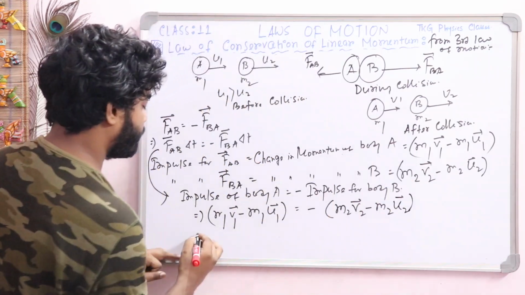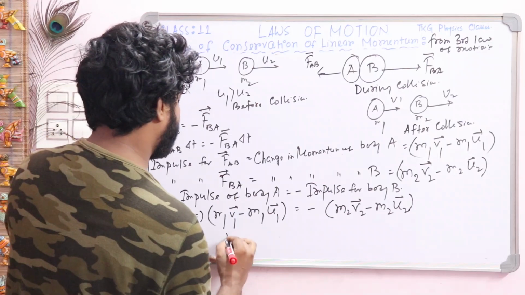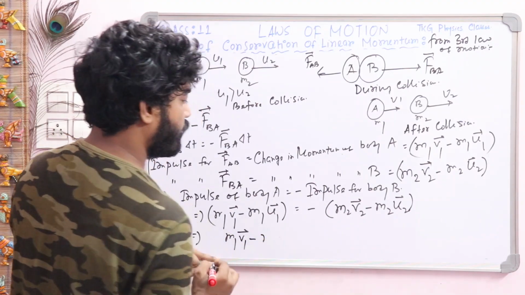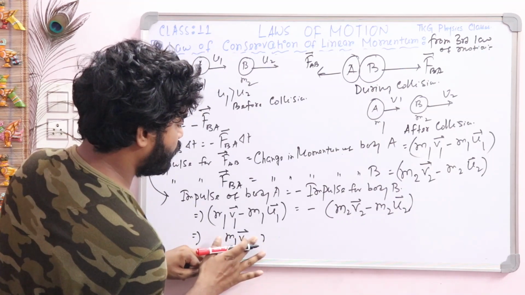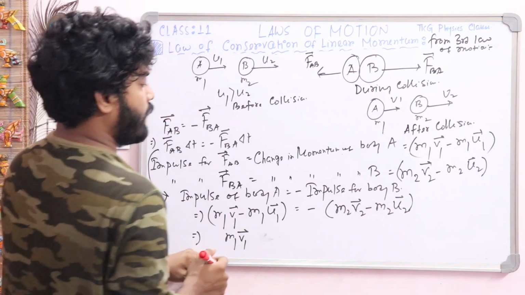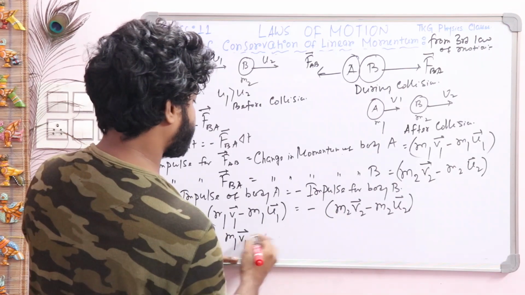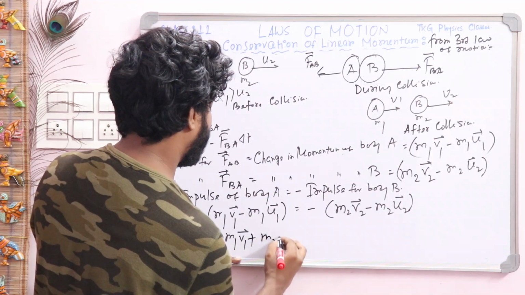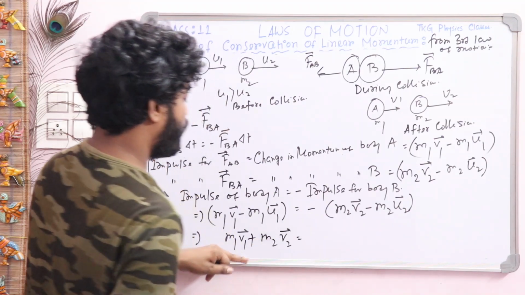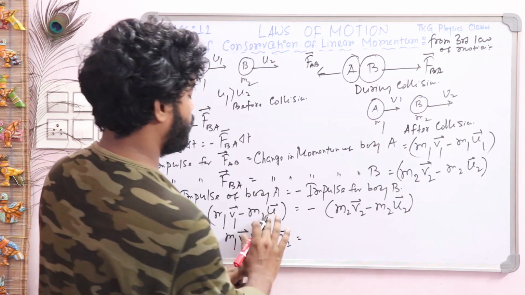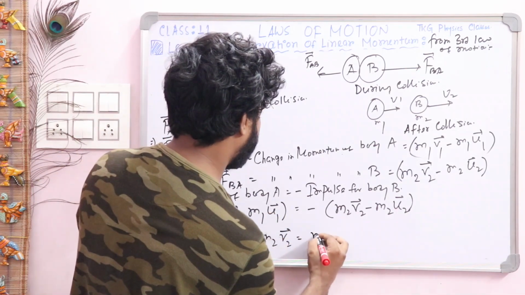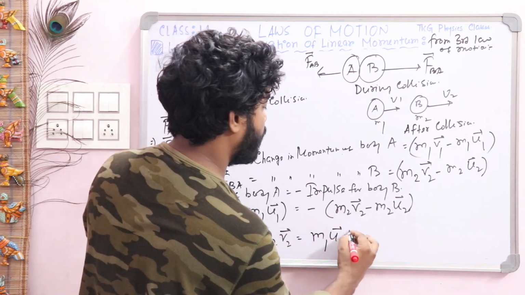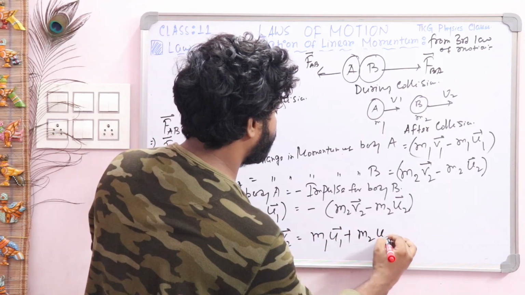Now simplify. m1 v1 stays, and the minus m2 v2 moves to the other side as plus m2 v2. Minus m1 u1 moves to the other side as plus m1 u1, and minus times minus gives plus m2 u2.